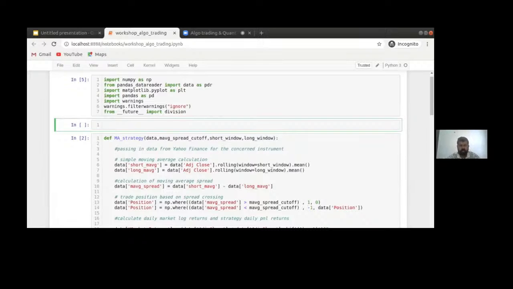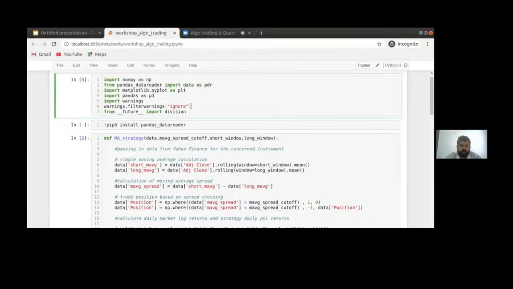If you want to install them from the Jupyter Notebook, you have to write this line of code: pip3 install pandas data reader. If you write this, you can get it installed. Since it's already installed for me, I'm not doing it again, but you can use this line of code.